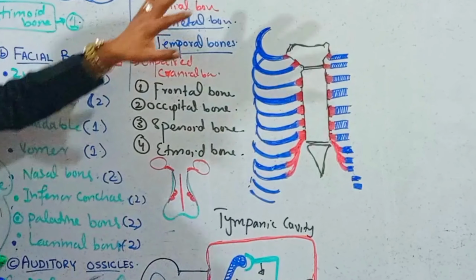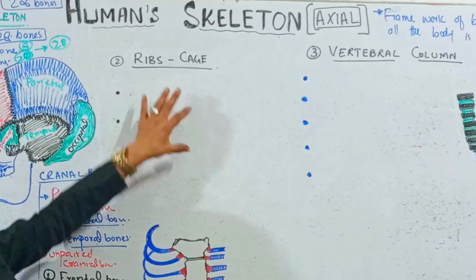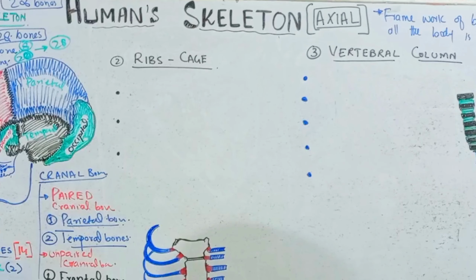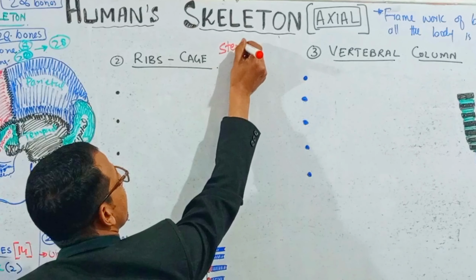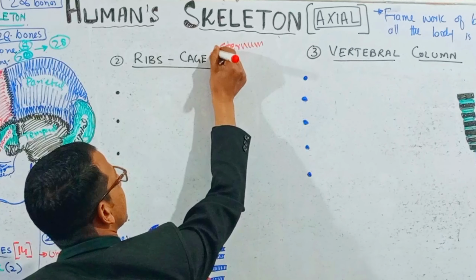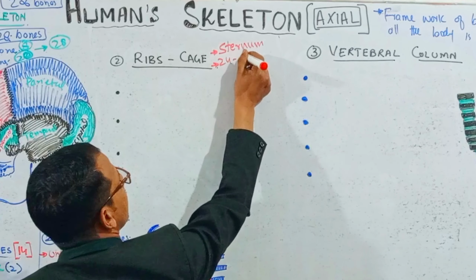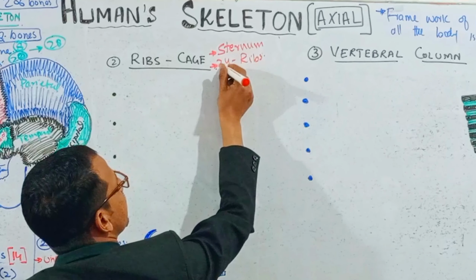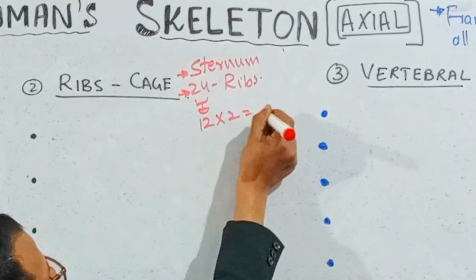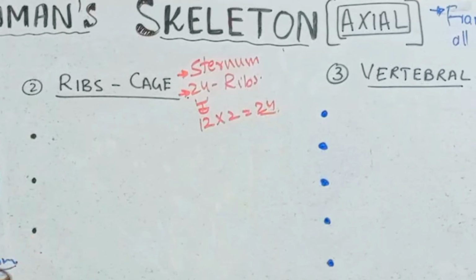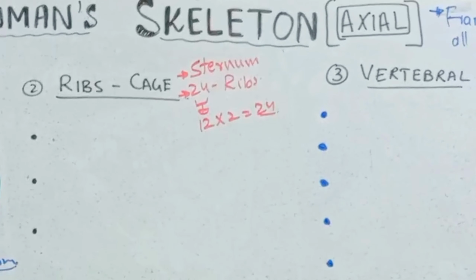The next part of the axial skeleton is the rib cage. The rib cage is composed of the sternum and 24 ribs, but these 24 ribs are in pairs. So 12 into 2 is equal to 24, meaning there are 12 pairs of ribs.